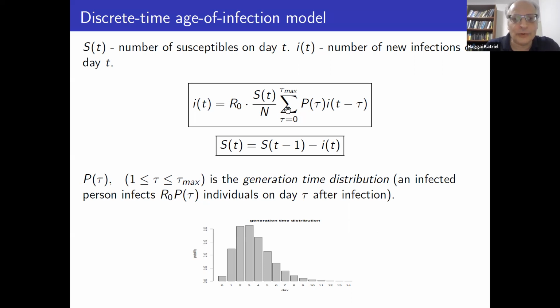So the number of people that will be infected on a certain day is, we sum over some previous days, how many were infected tau days ago times how many people they will infect today, and times this S of t over n, because some of their meetings will be with non-susceptible people. So this is called an age of infection model, and it's more realistic in a sense.